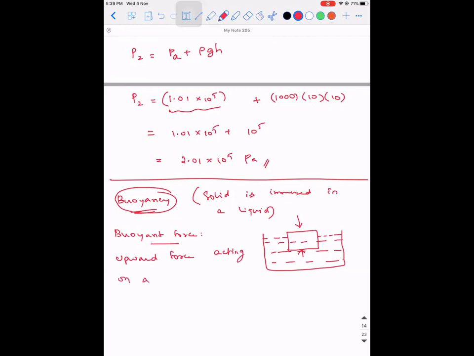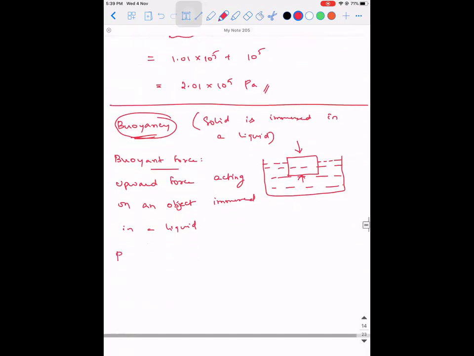So, upward force acting on an object immersed in a liquid is called buoyant force, and the phenomenon is called buoyancy.